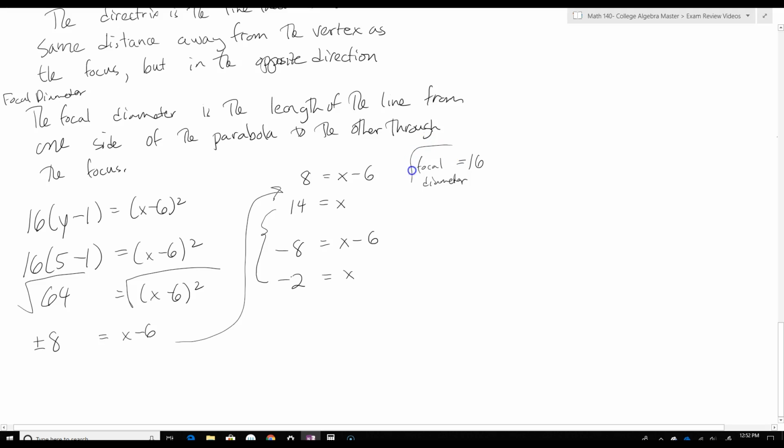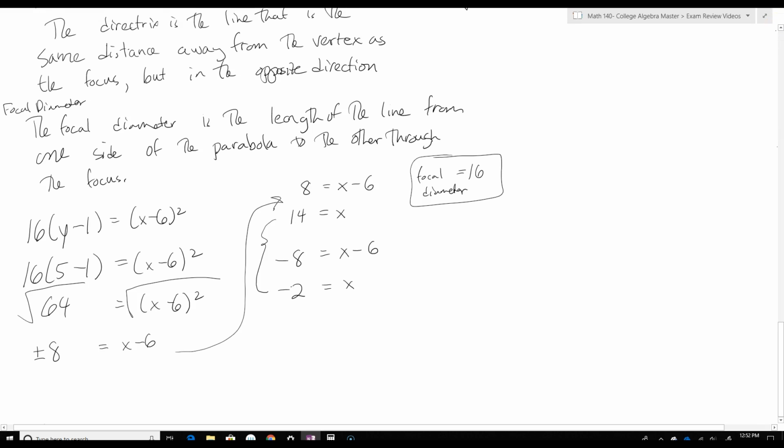Oh my, is that merely a coincidence that that actually ended up being the 4p? No, it's not. It turns out that the focal diameter always ends up being 4p.